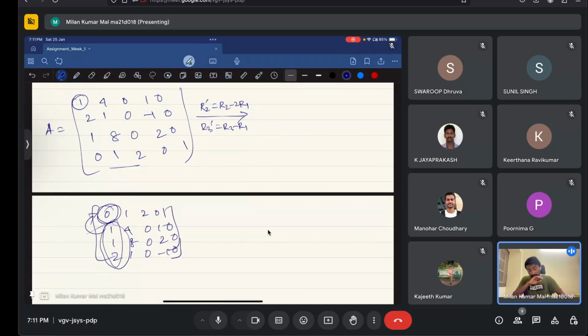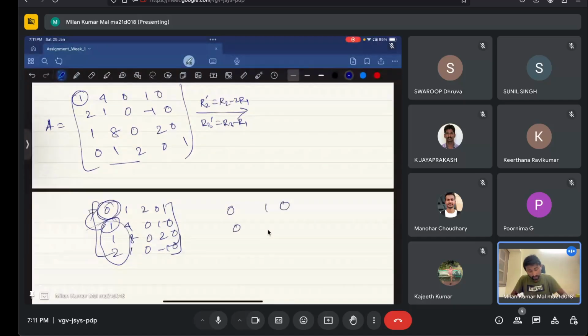If not, then interchange with a row that has a non-zero entry. Suppose we have 0 0 1 0 0 0 0 1 0 0. Here the first entry of the first row is 0, but the entry below is not 0. The only non-zero entry is in the third row, so we have to interchange row 1 and row 3.